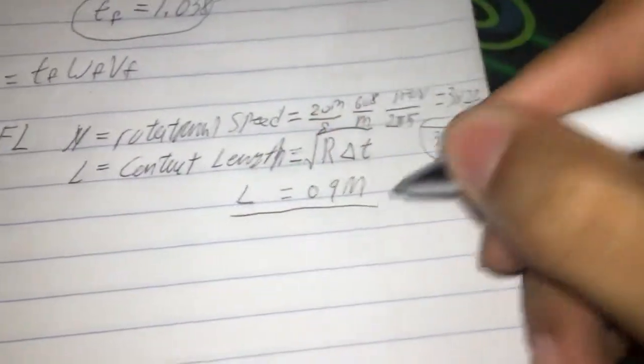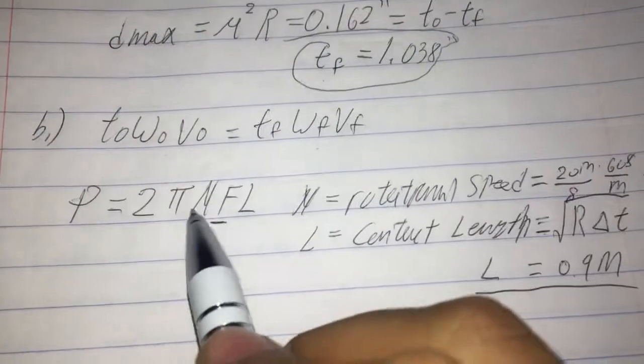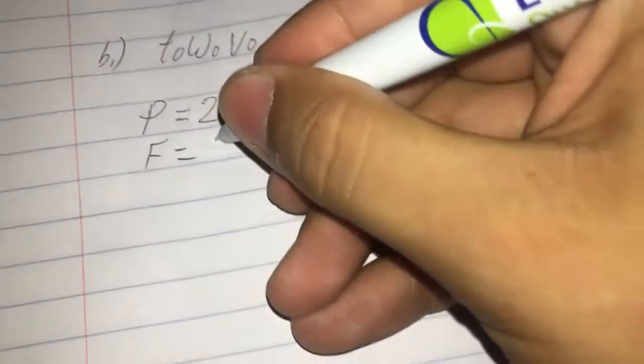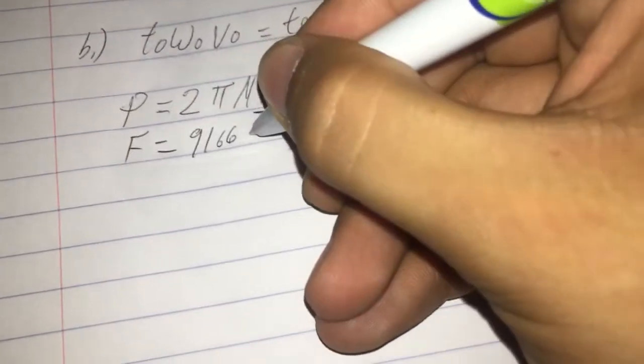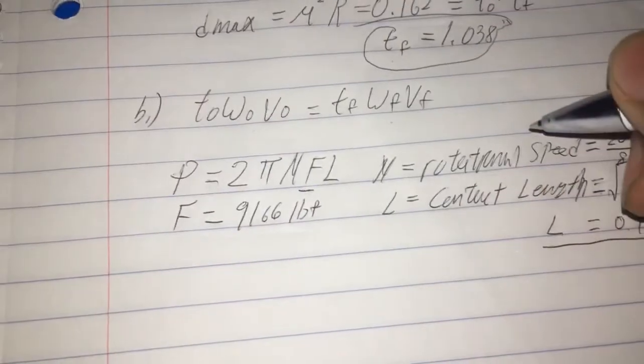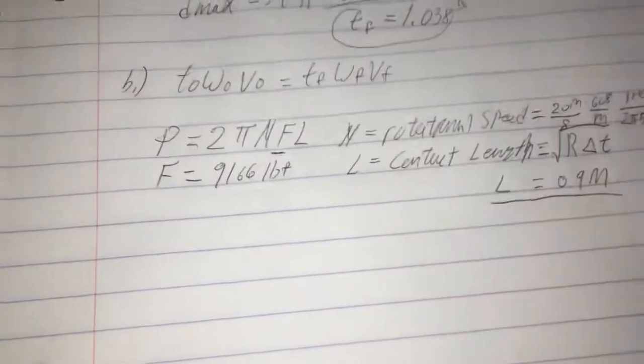So you know P, you know N, you know L. We can now solve for F. F, if you were to rearrange everything, would be 9166 pounds, or pound if you want to get really technical. Cool, so we know F.